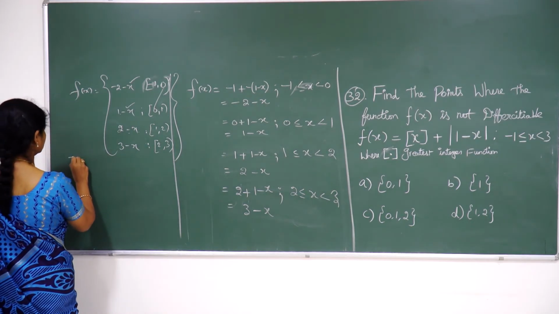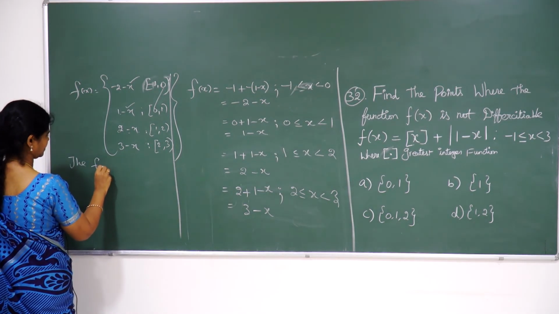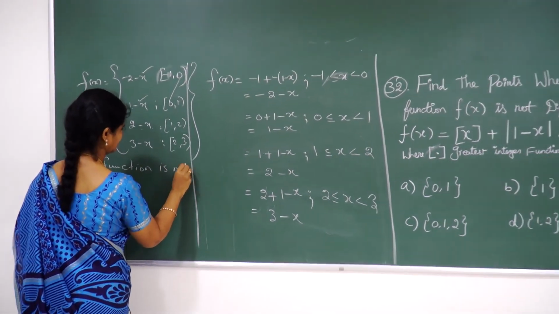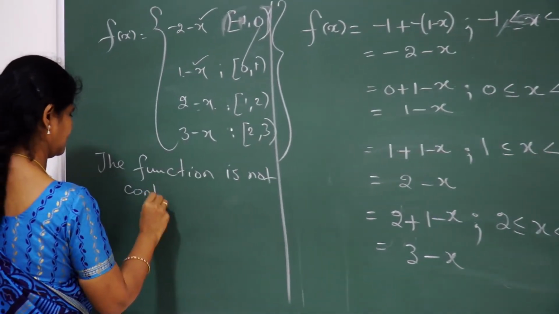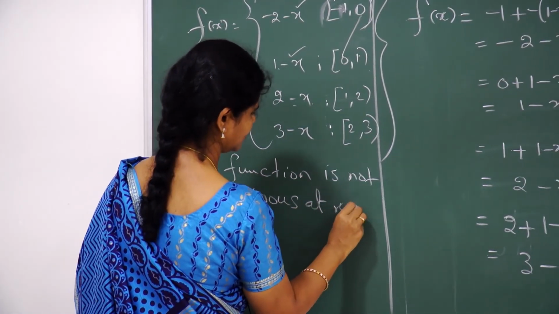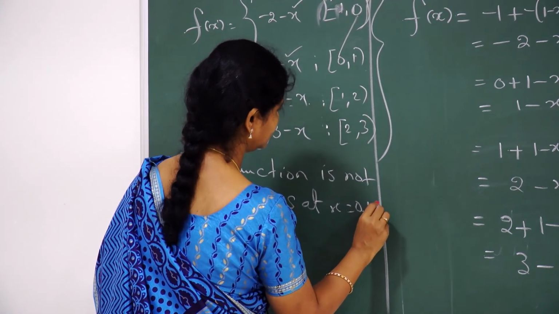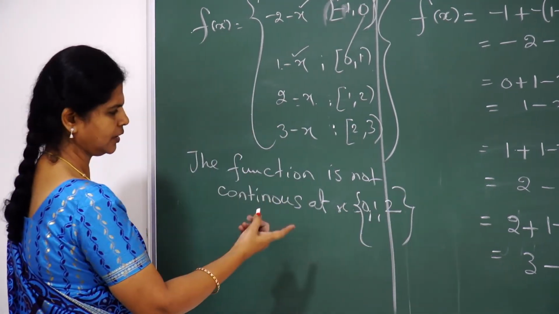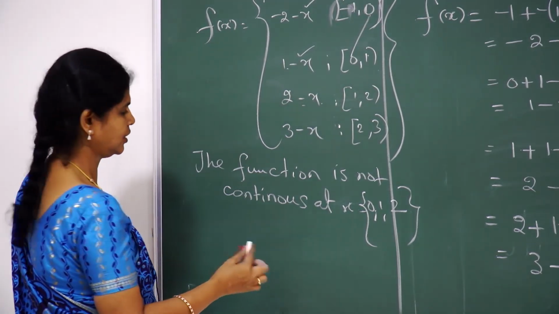Therefore, the function is not continuous at x equal to 0, 1, 2. And if it is not continuous, it is not differentiable.